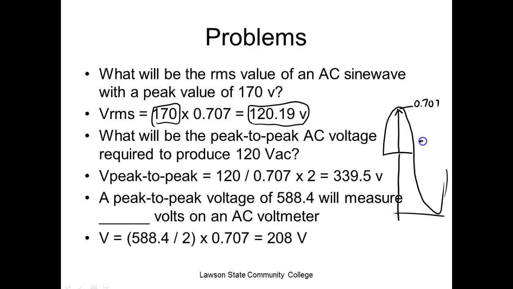So Alabama Power is actually sending out about 340 volts peak-to-peak to get that 120 volts, which to us seems like a waste of voltage, but it doesn't make any difference because they can step this stuff up and down and get whatever they want, right? You understand that? And plus, we have the ability to send these things to transformers. And what do transformers do?